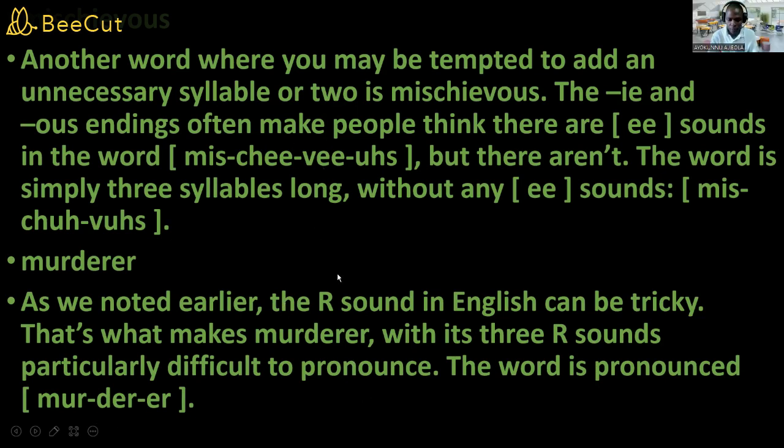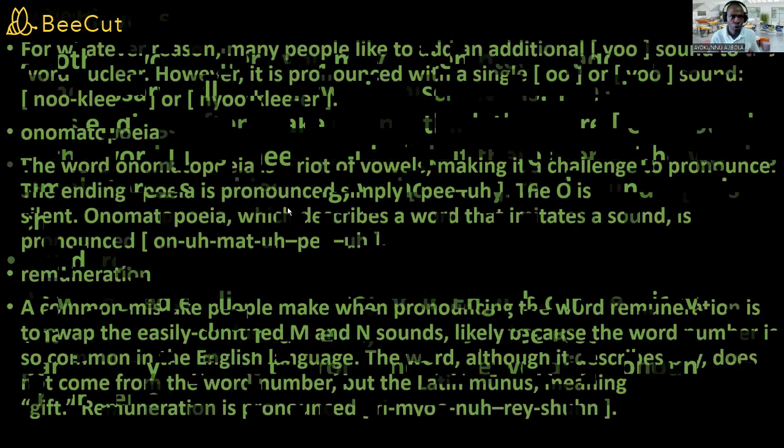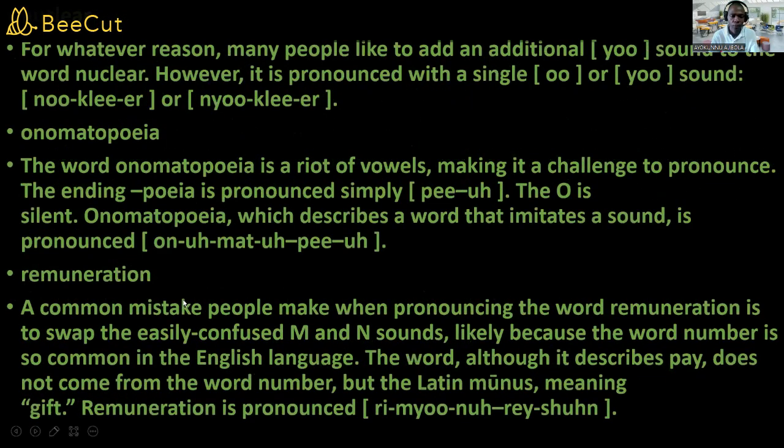So, this class will be coming to an end shortly, and I will need to send another link whereby we'll look at another aspect for another 30 minutes. So these are other words here like nuclear. Then this onomatopoeia.